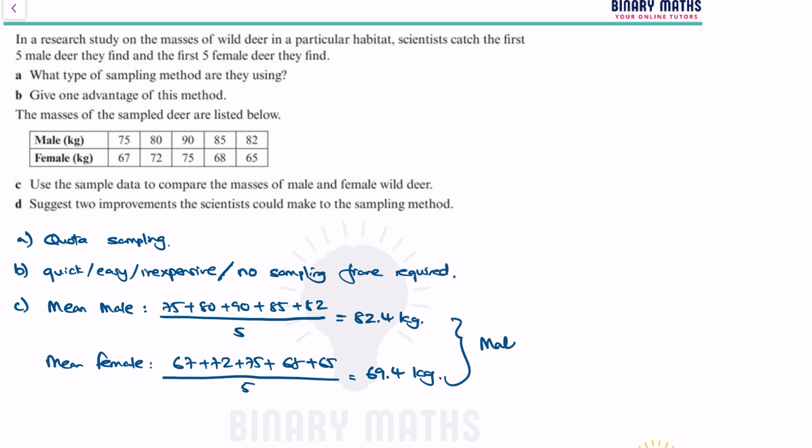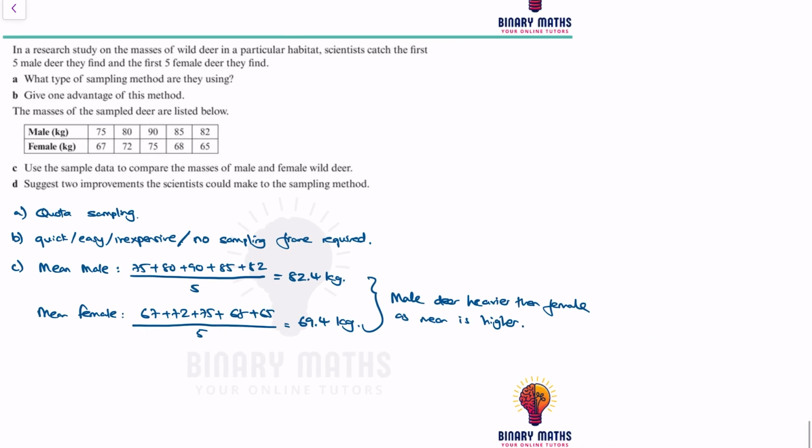These both imply male deer heavier than female, as mean is higher. Okay, range male is equal to 90 take away 75, which is 15 kg, and range for female is equal to 75 take away 65, which is equal to 10 kg.